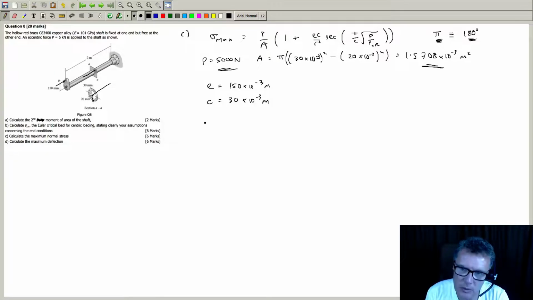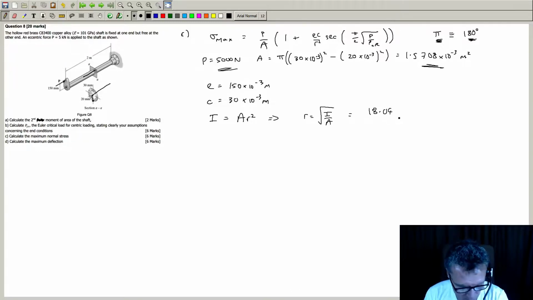The r, the radius of gyration, we'll find from using I equals A r squared. In fact, really we want to know what r squared is. So in my notes I worked out what r is and then squared it, which is a bit silly. So take the square root of I over A, and then you get 18.04 times 10 to the minus 3 meters.